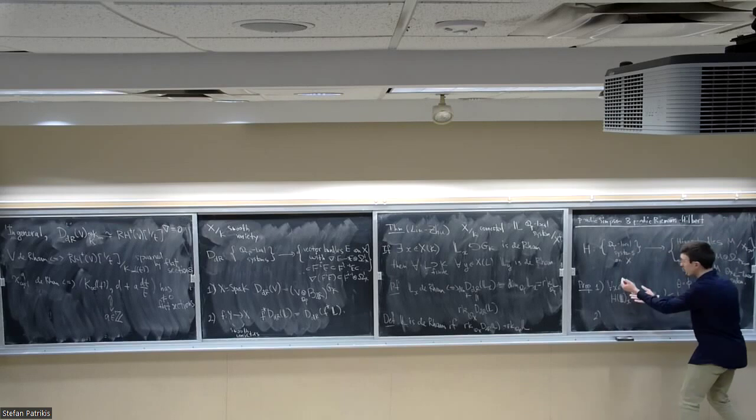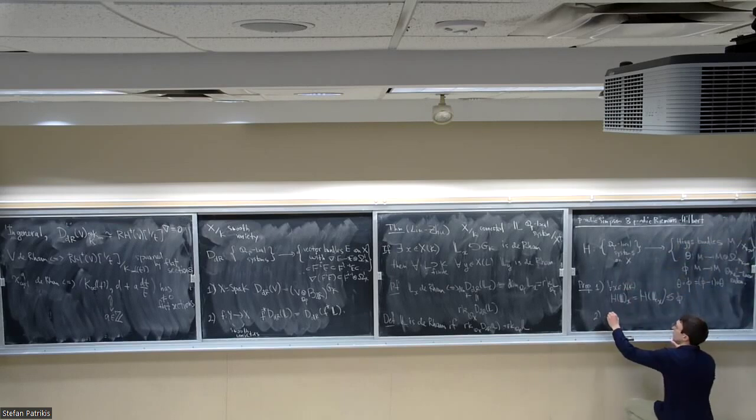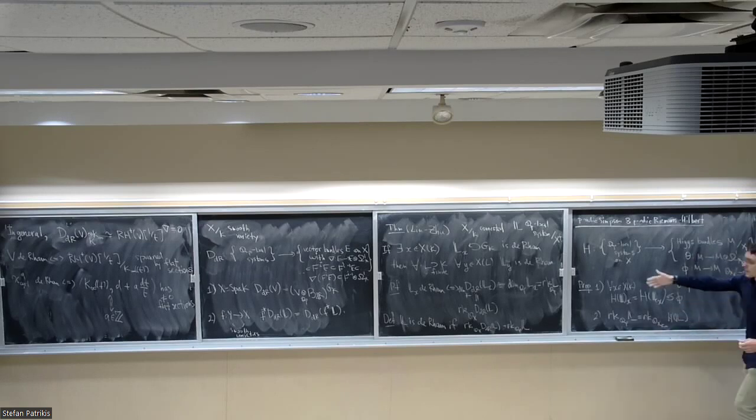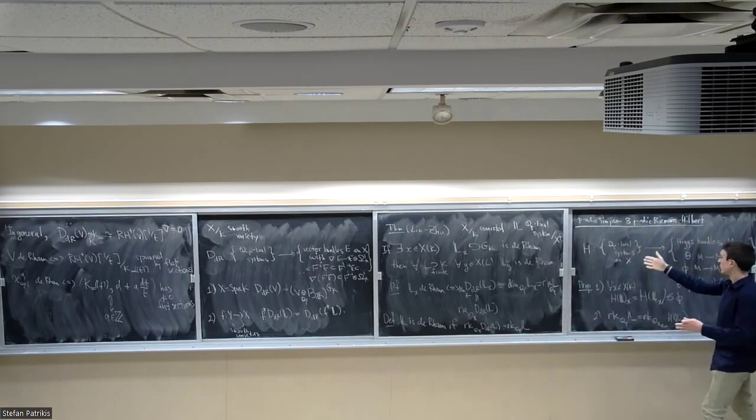It's really a consequence of what I said here that this construction h preserves rank. Okay. So as opposed to the functor de Rham, it does not kill any local system.